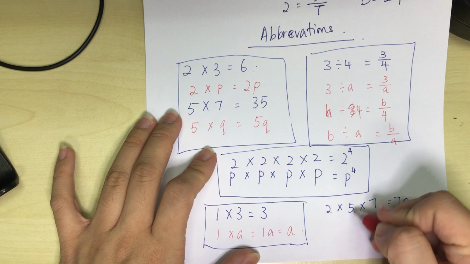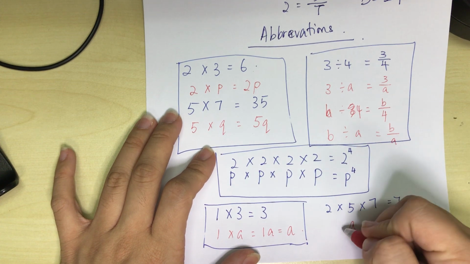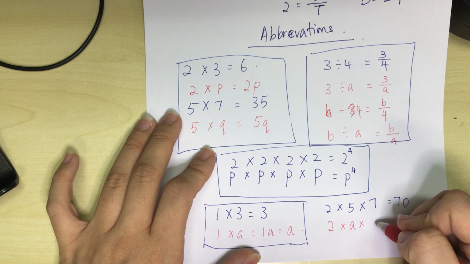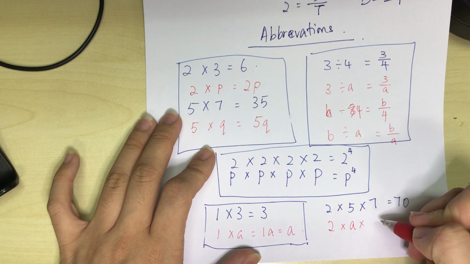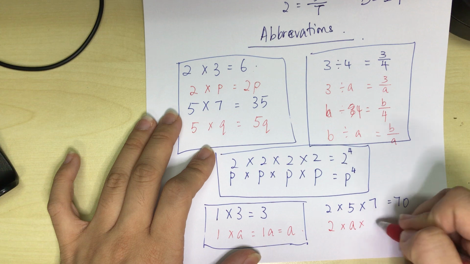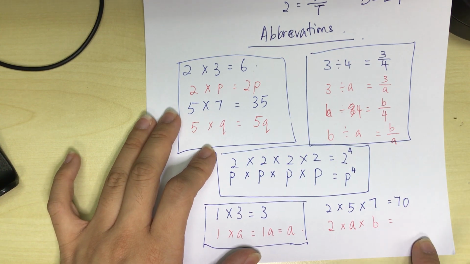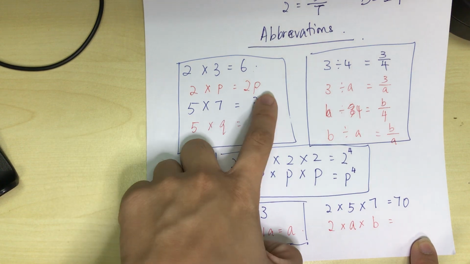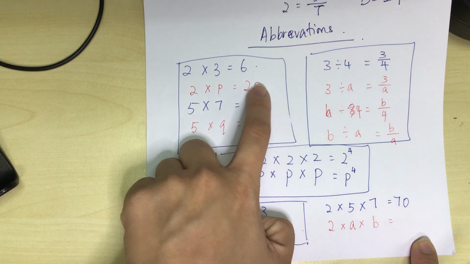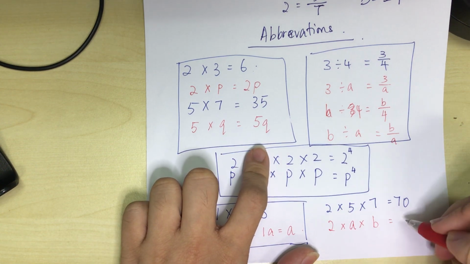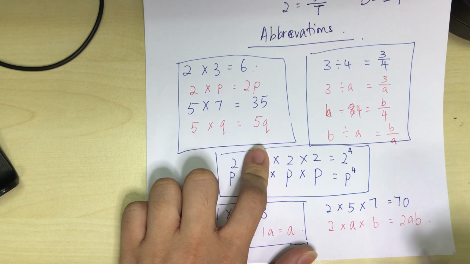Then what if your 5 is actually a, and I have a 2 in front and I have b here? So how should you write this? Based on the first one, you combine them together and you do not write a multiplication sign in between. Okay, so the answer should be 2ab.